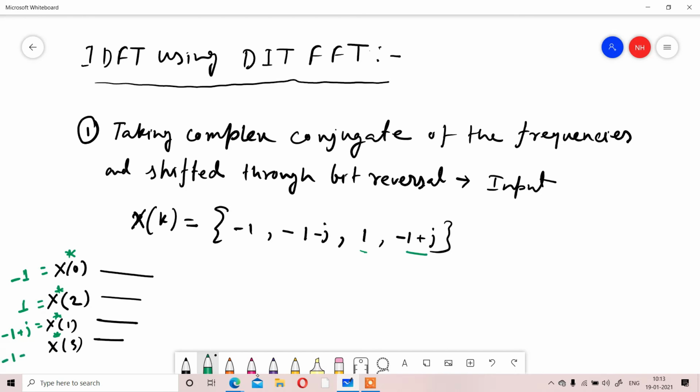So that will be your input. Everything else will be the same. You have to do the bit reversal and then make the complex conjugate. So whenever you choose your input, those are the values you need to choose. That is the first change.